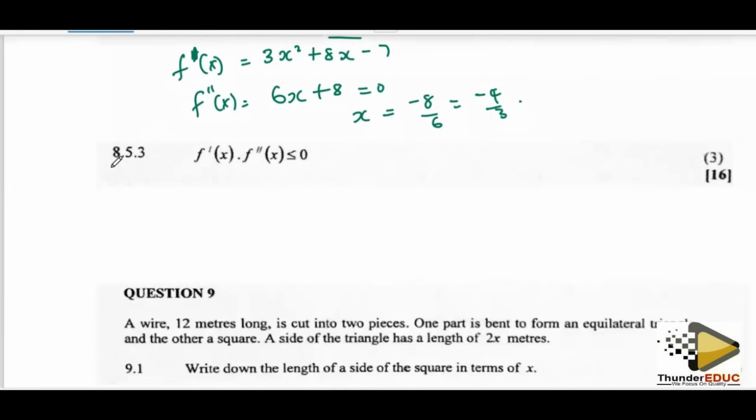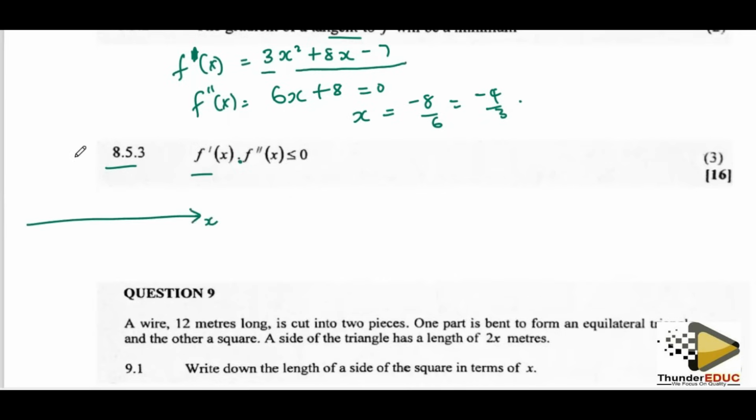Then 8.5.3, the first derivative times the second derivative being less or equal to 0. Okay, so we know that the first derivative is going to be a parabola.